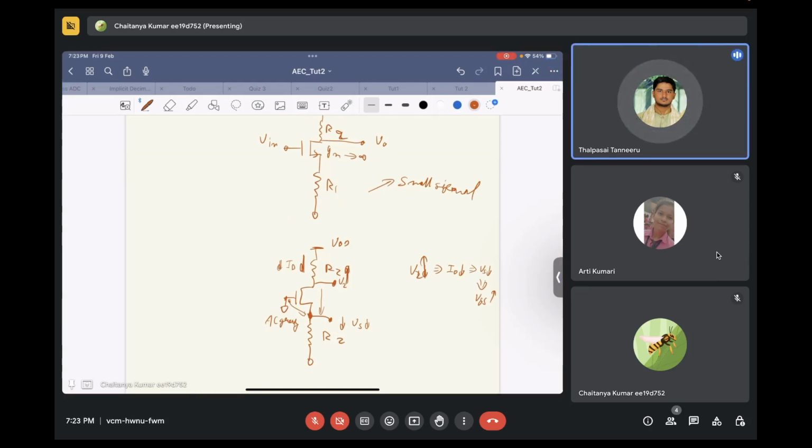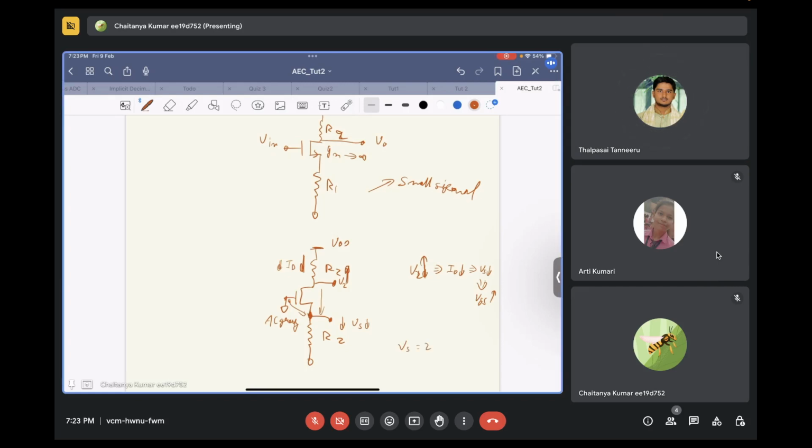Actually, I'm getting confused, sir. Here VS is reducing. Let's say your VS is 2 volts. What is your VGS? VGS is minus 2 volts. Now VS reduces from 2 volts to 1.5 volts.